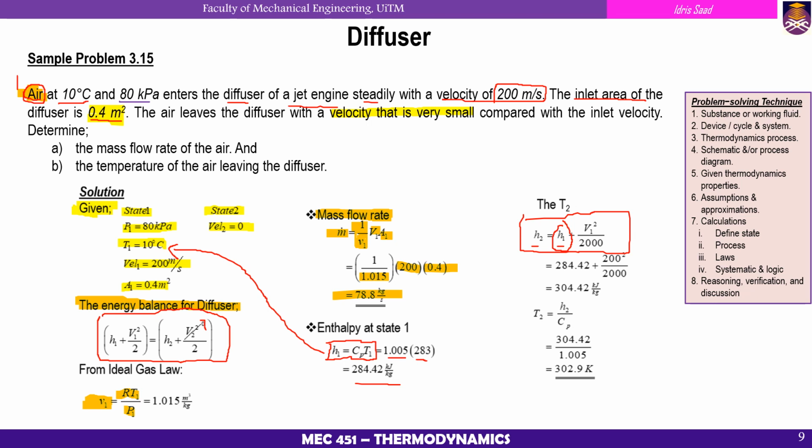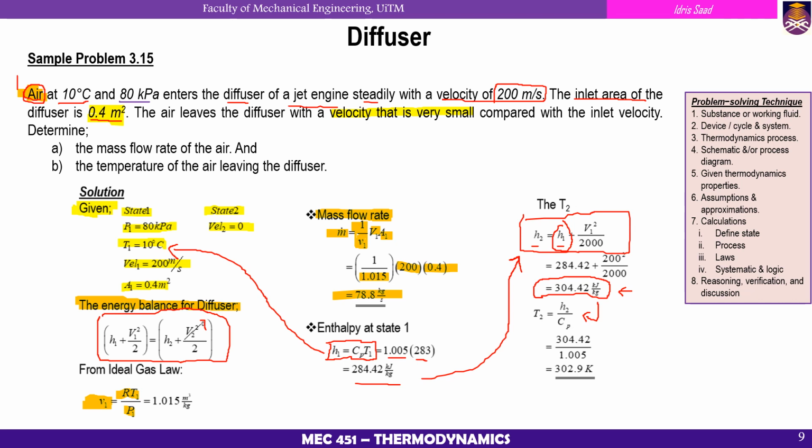Substitute this value into this equation and calculate it. We get the value of the second enthalpy equal to 304.42.